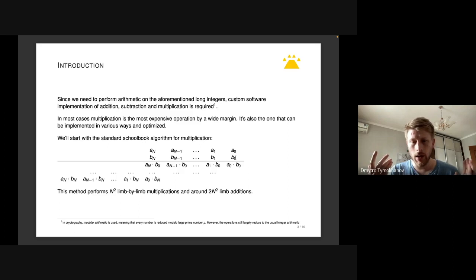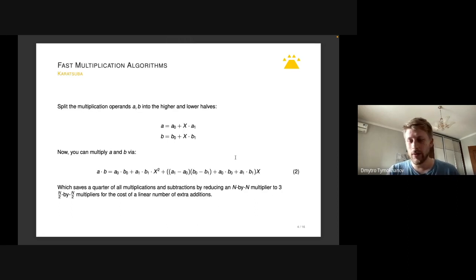And actually, in the 1960s, there was a question whether this was the asymptotically optimal way of multiplying two n-limb integers, and the answer is actually no. Turns out there is a simple trick where you can just split the two numbers you want to multiply. Numbers A and B are split into A0, A1, B0, B1, and you can see equation 2.